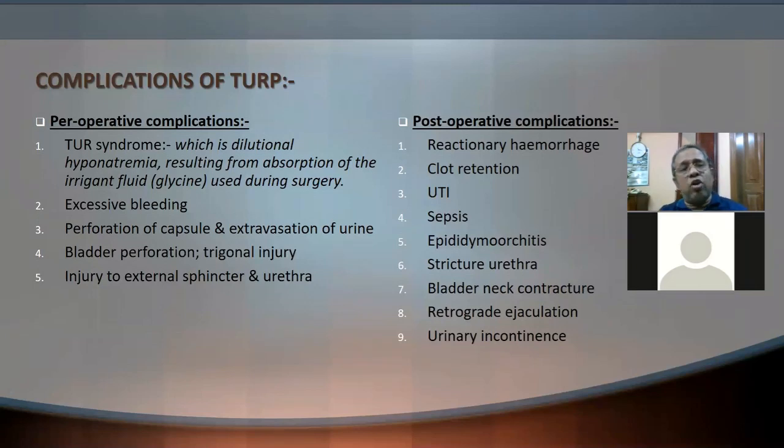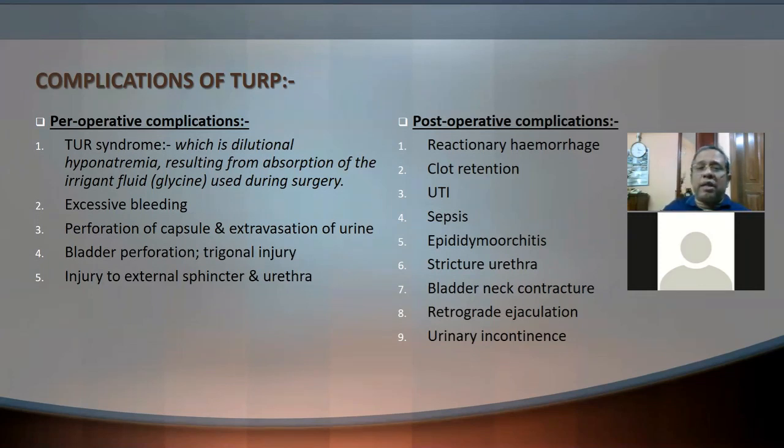So these are the complications that need to be detected per-operatively. Otherwise, it is very difficult to manage post-operatively. So be cautious, gentle, smooth, and very humble in treating the patient during the TUR.